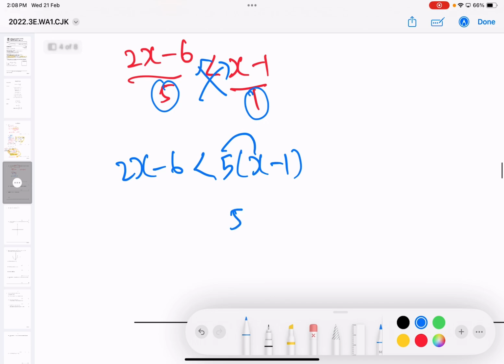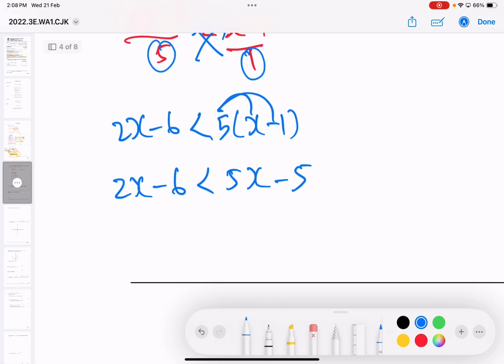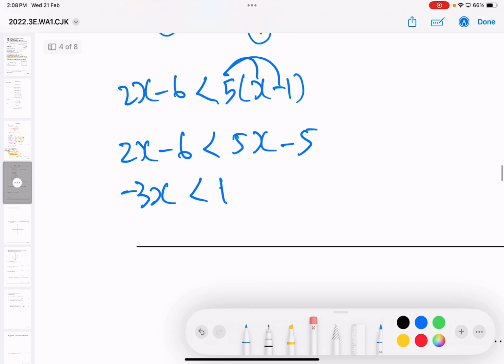Expand: 5 times x is 5x, 5 times minus 1 is negative 5. 2x minus 6, bring all the x to one side: negative 3x is less than, bring the negative 6 over, plus 6, gives you 1. Divide by negative 3 on both sides, therefore x is greater than negative 1/3.